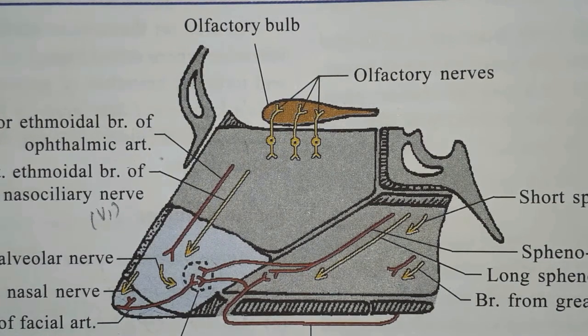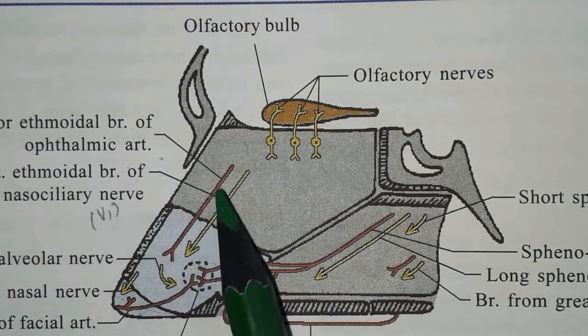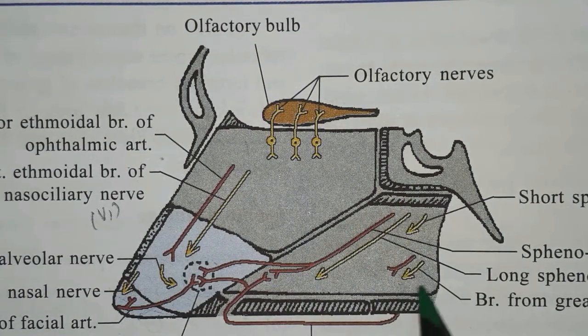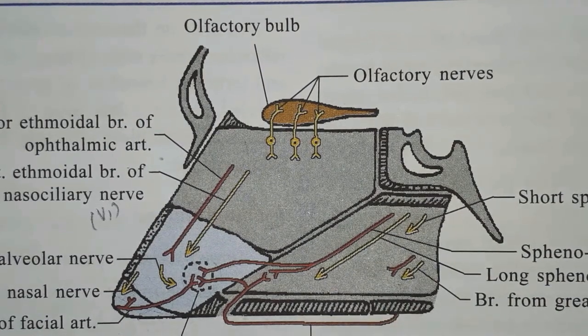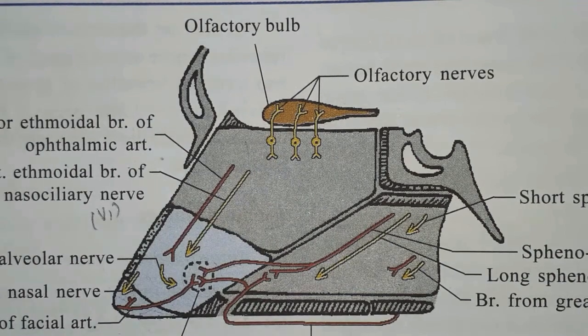Now we will talk about the venous drainage. The anterior superior part drains into the superior ophthalmic vein. The posterior inferior part drains into the pterygoid venous plexus, and the mobile part of the septum, that is the cartilaginous part, drains into the internal jugular vein via the facial vein.